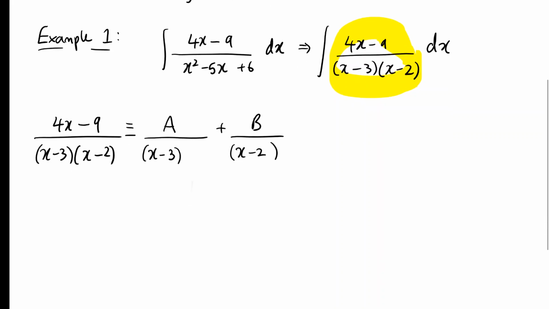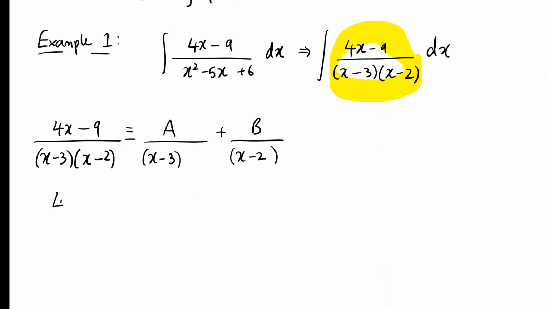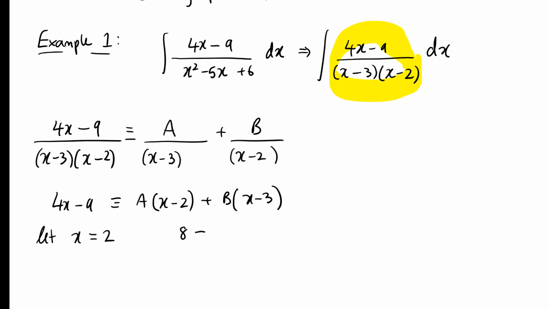If you multiply both sides by x minus 3 and x minus 2, we get 4x minus 9 equals a times x minus 2 plus b times x minus 3. I will let x equal 2. 8 minus 9 is equal to b times minus 1. We've got 2 minus 3 inside the bracket there. Minus 1 equals minus b, therefore b must be 1.